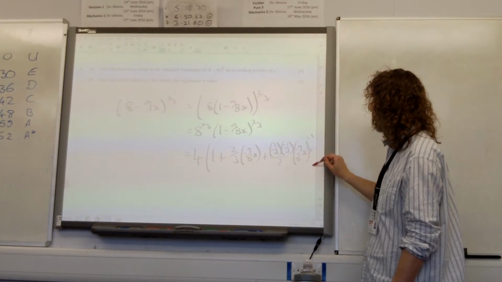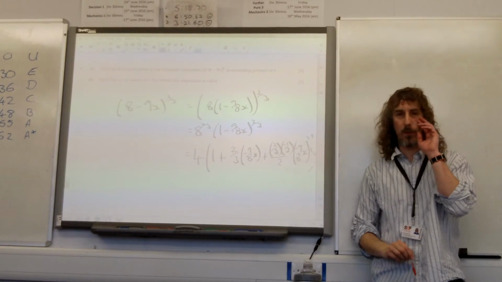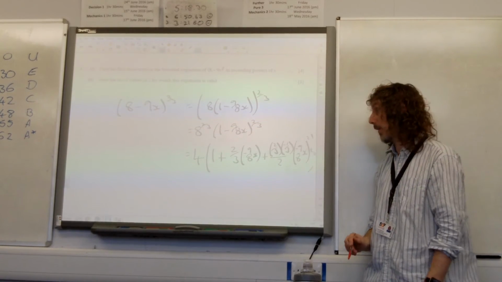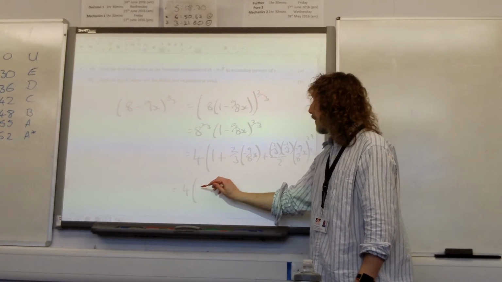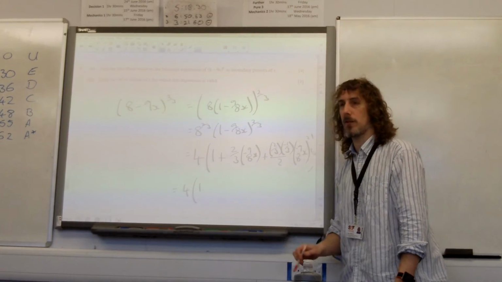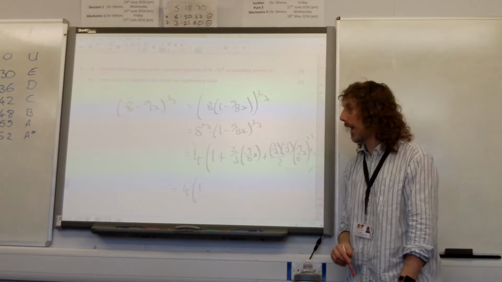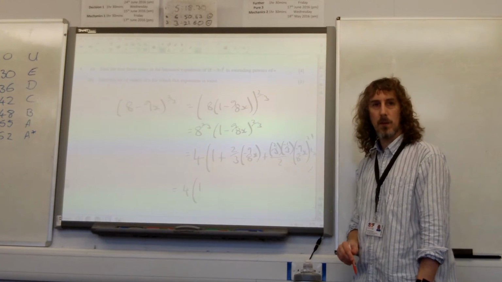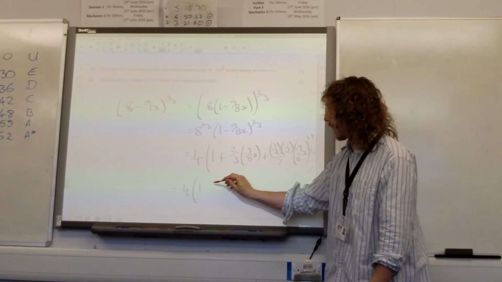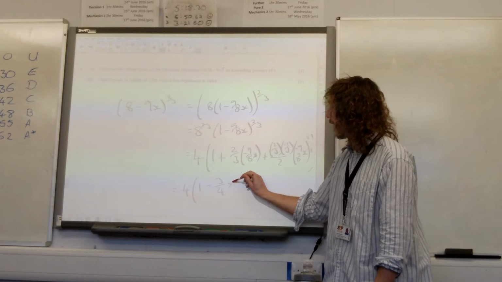I've run out of space, but it would of course go on with other terms, but we only need the first 3 terms, so that's enough. Which is 4 times 1, now let's simplify this a little bit. 2/3 of 9/8 is 6/8, which is 3/4, so it's 1 minus 3/4 of x.